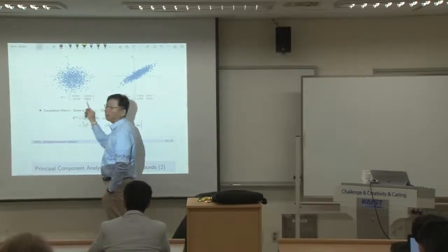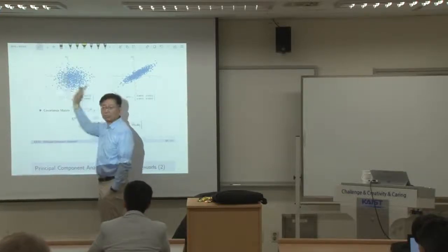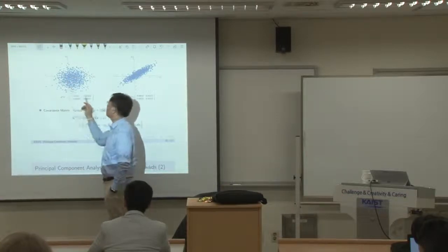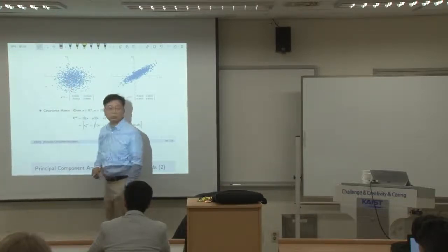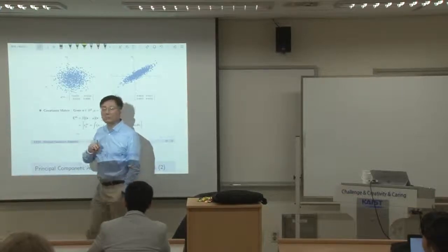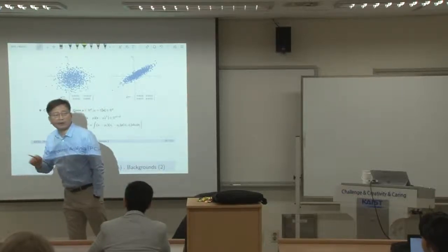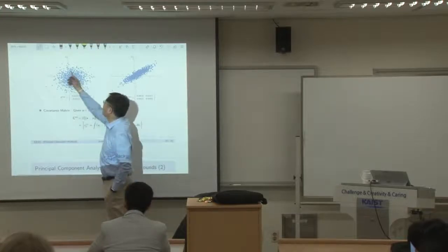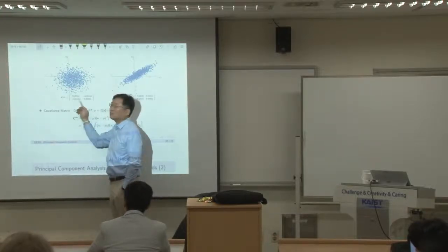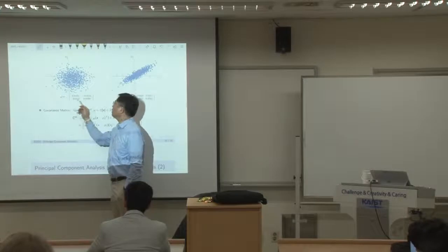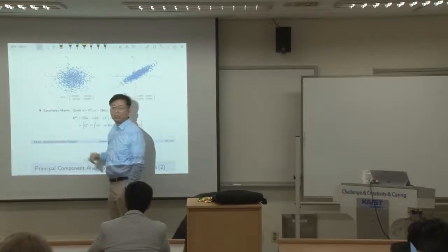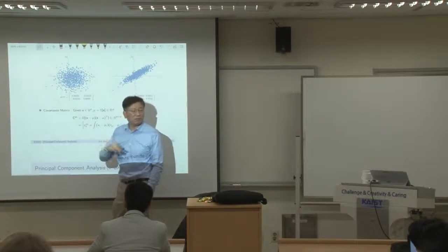That's the variance if I project it on x2. What about these off-diagonal terms? This is the cross covariance value between x1 and x2, and you can see that they're very, very small in comparison with this value. So you can't say very much.